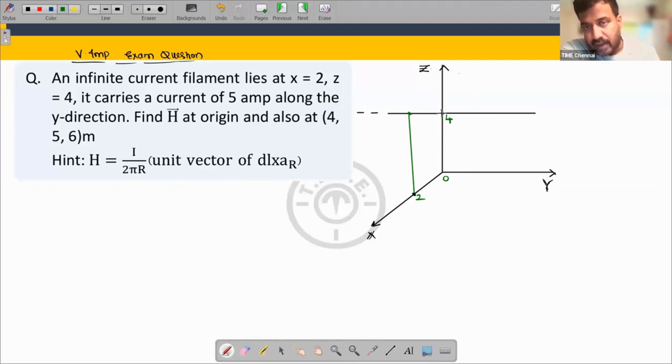And Y is always 4. So this line that is existing is going along which direction? That's the question. Got it?